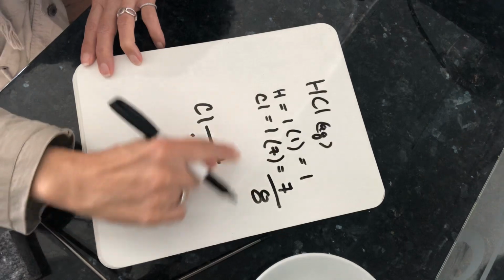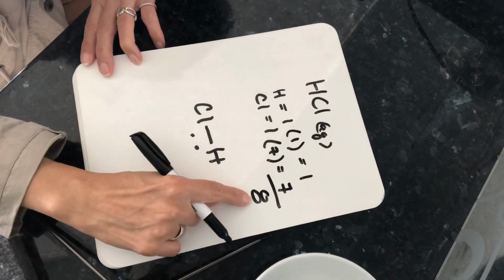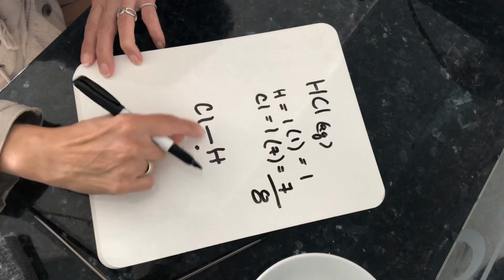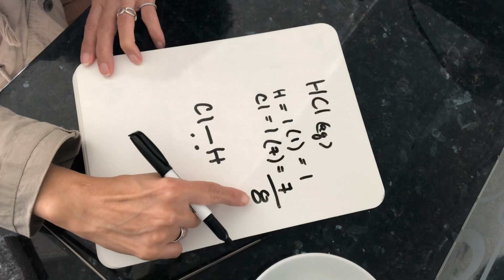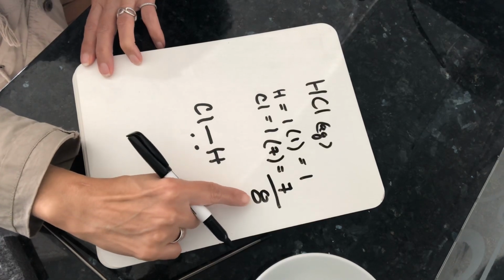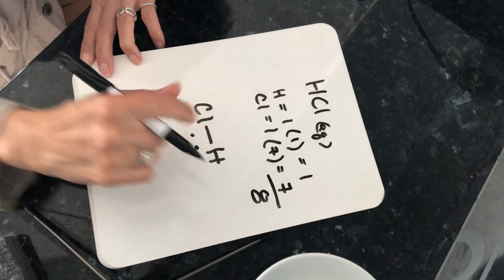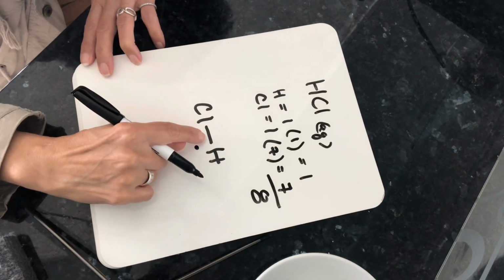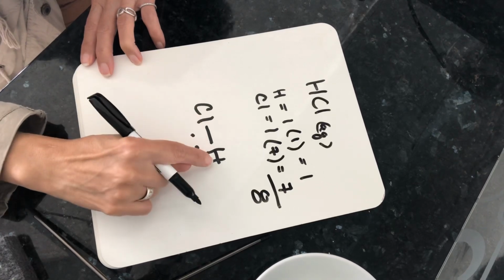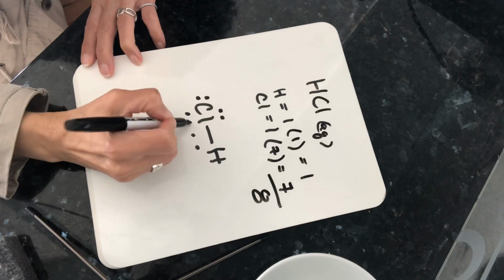Now you've already used 2 out of that 8 to connect them. So you're going to add the rest of the electrons out of this 8 to the atom that needs the octet, and that's going to be chlorine. You already have 2 here, and chlorine is sharing that pair with hydrogen. 4, 6, 8.